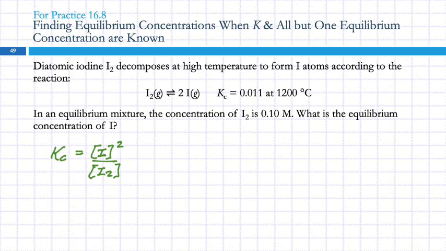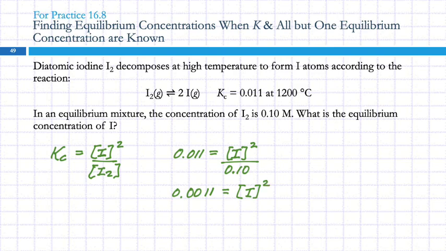So Kc is 0.011. We don't know what I squared is, but we do know what I2 is, 0.10. So if I multiply both sides by, I did that wrong, 0.1, I'm going to get 0.0011 is equal to the concentration of iodine squared.